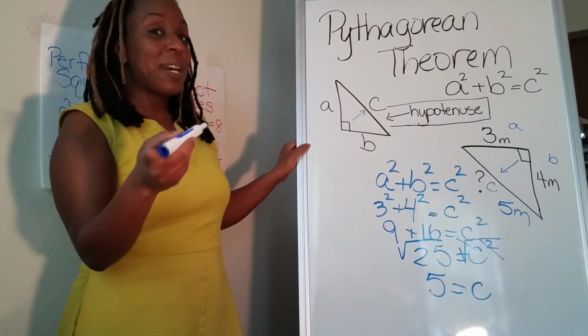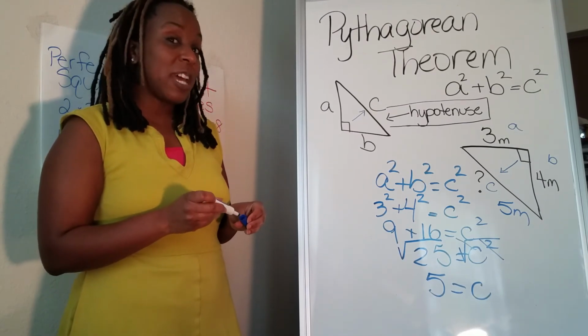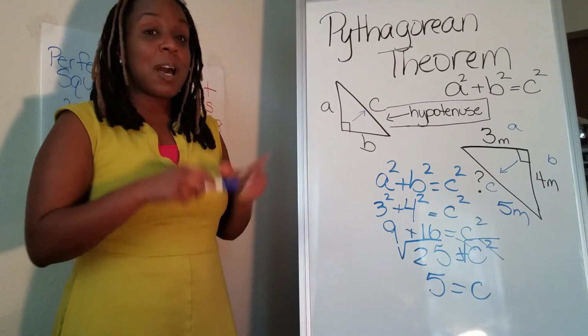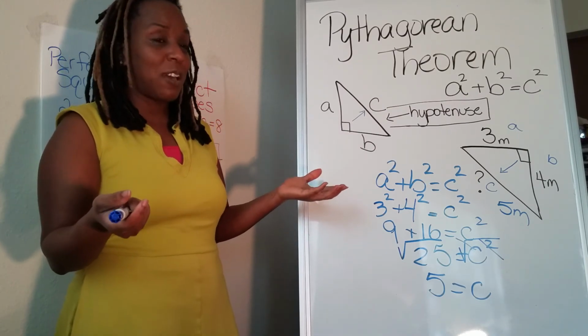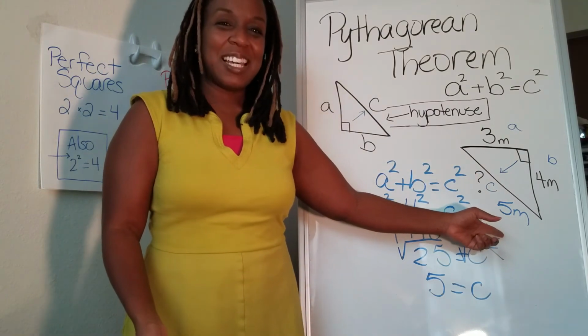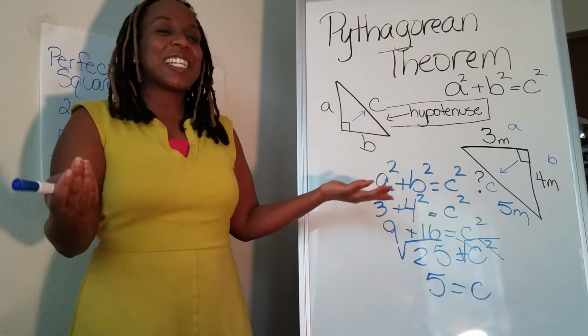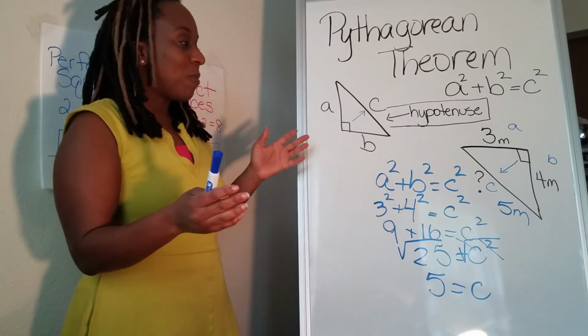Now some people might say, hey, the square root of 25 is also negative 5, because that is true. Negative 5 times negative 5 is also positive 25. But could something be negative 5 meters? No, there's no such thing as a negative distance. Distance cannot be negative. It has to always be positive.